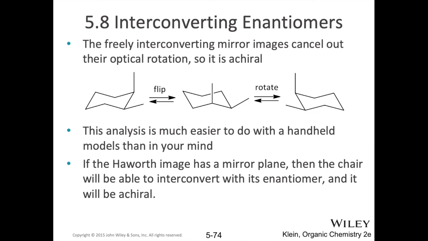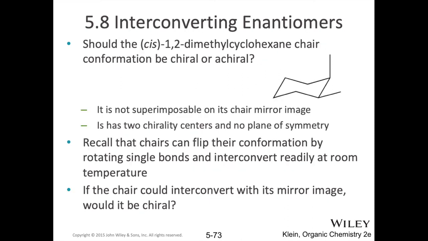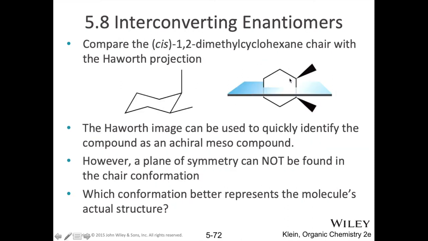In this case, though, it involves doing some ring flipping and rotating. Of course, the shortcut, again, is to draw it like that Haworth projection, that bond line diagram with the wedges to show that there's clearly a mirror plane in here, making this a meso compound.